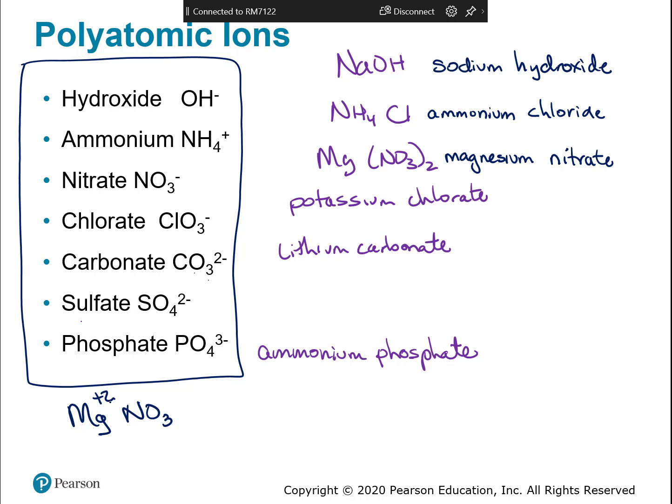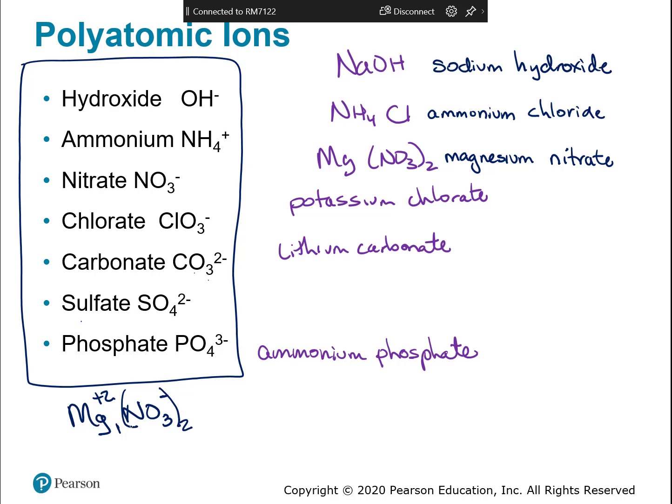The only way that I know that is because I've memorized it, or you've got to have your note card with those written down. So you would know the charge on the nitrate is a -1. So see in this, swapping the charges, that tells me I have 1 magnesium because the charge on the nitrate is a -1. I'm going to have 2 magnesiums, but I have +2 for magnesium, so I have 2 nitrates. This is why I have to have the parentheses around the entire polyatomic to show there's 2 of them.